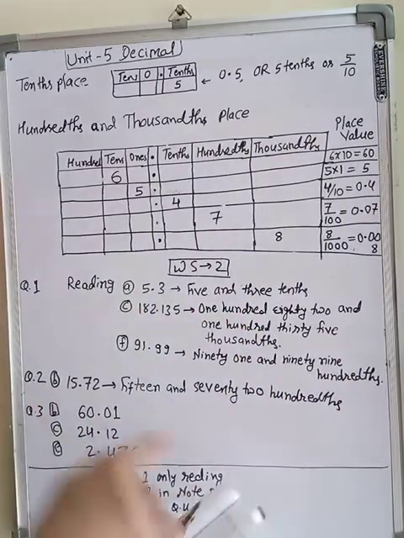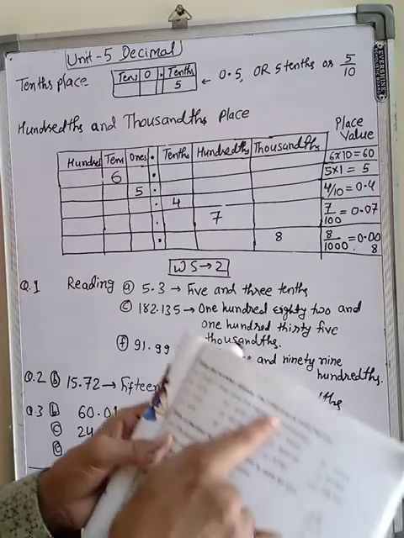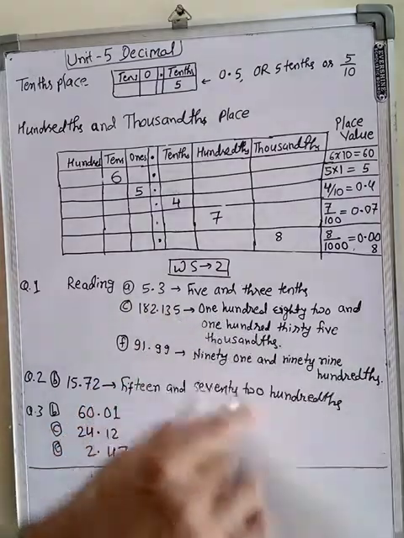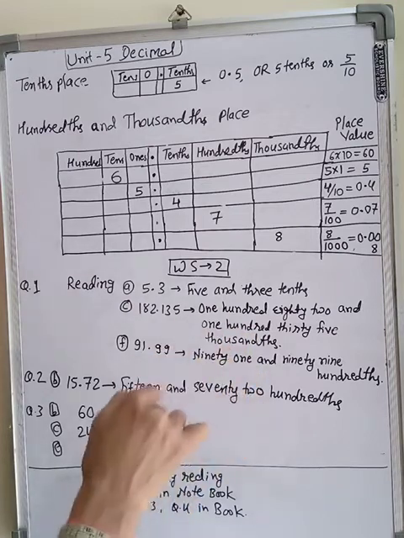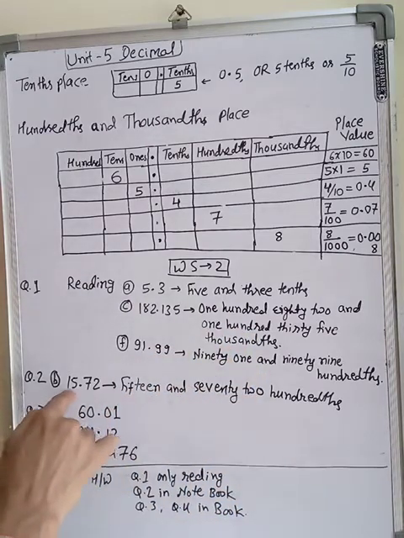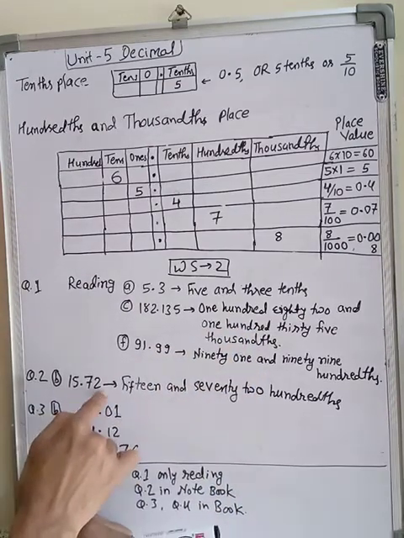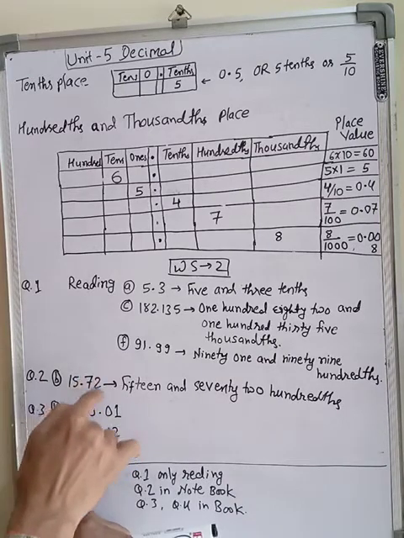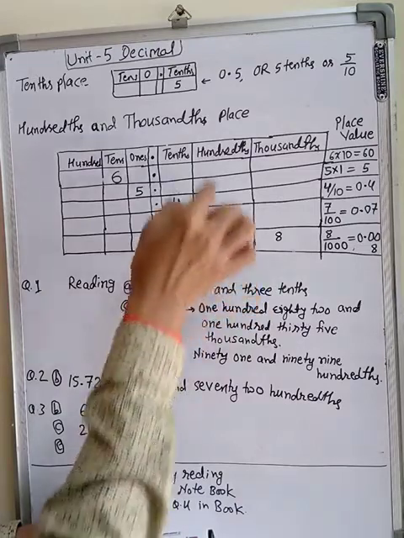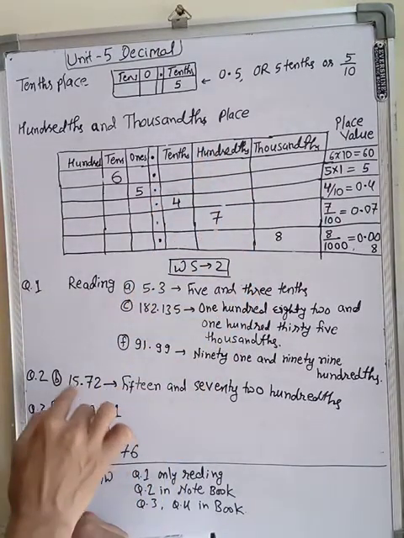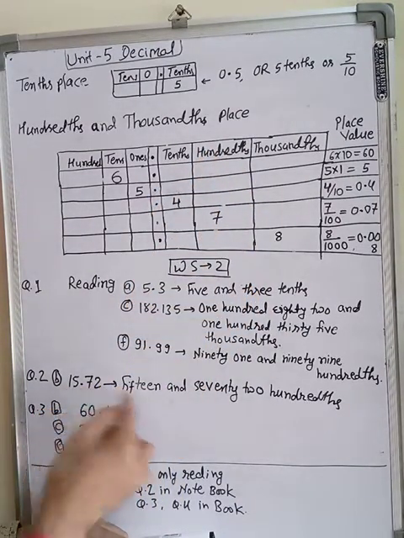Question number 2b, write the number name. The first one is done for you. Similarly, whatever we are reading, similarly we will write also. So 15 and 72, count how many places? 2 places. 2 places means up to hundredths only. So this reading will be 15 and 72 hundredths.